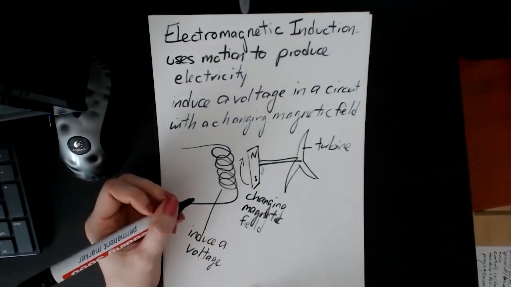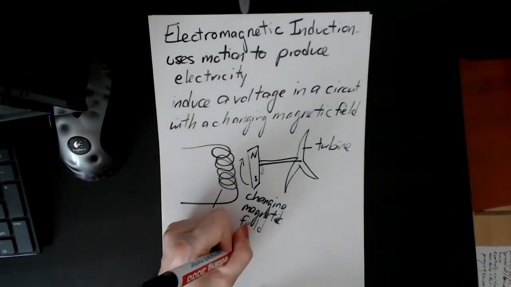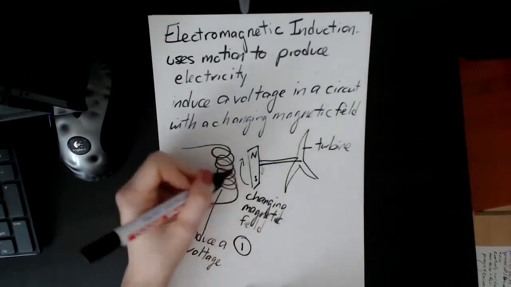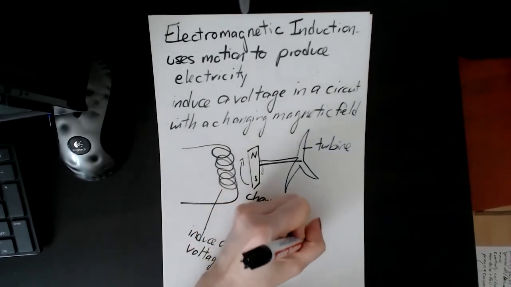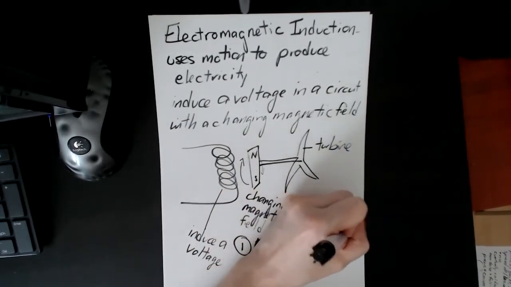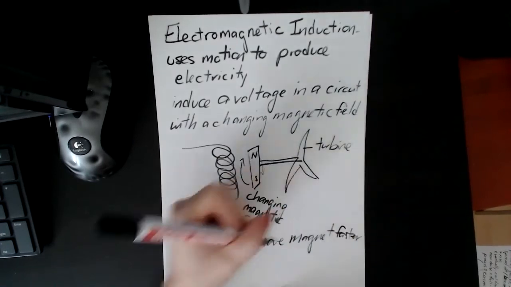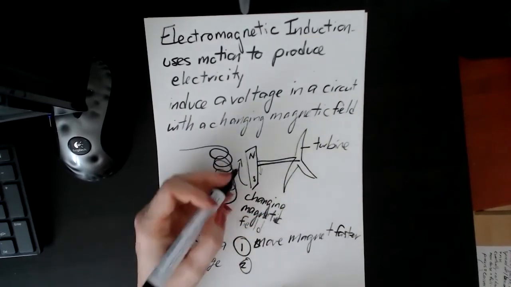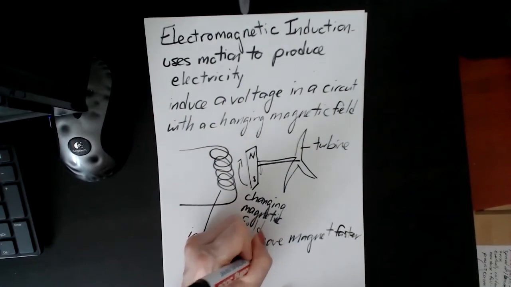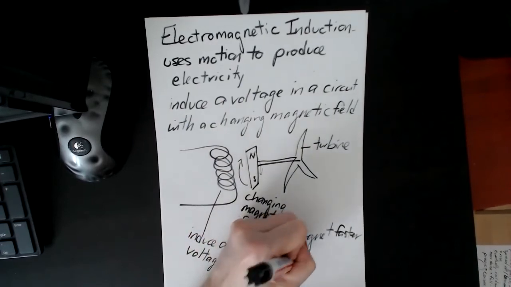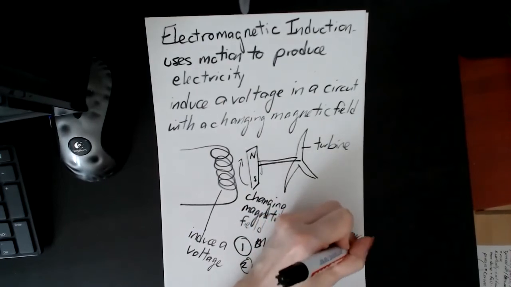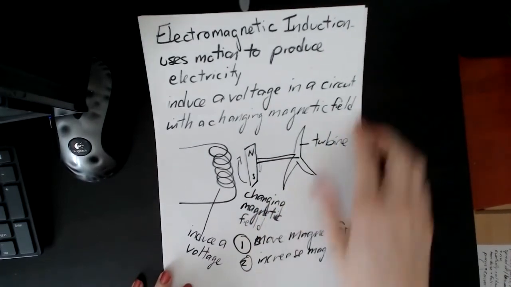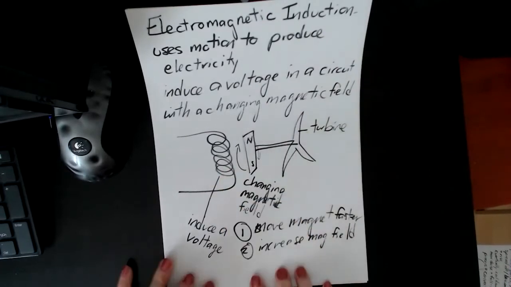Three ways, and they should sound very similar to what we were talking about earlier. One is that you spin the magnet faster, or you move it faster. You use a stronger magnet, you increase the magnetic field, or the last one, you put more coils in this wire.